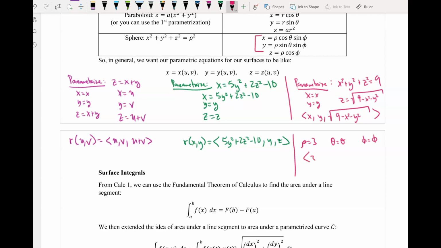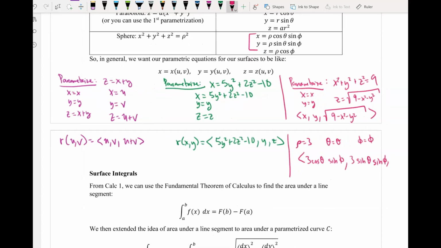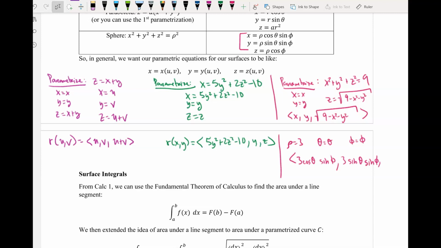So we can just say 3 cosine theta sine phi, then 3 sine theta sine phi, and then 3 cosine phi. So this is another way to parametrize.